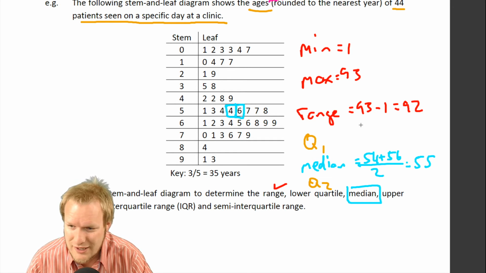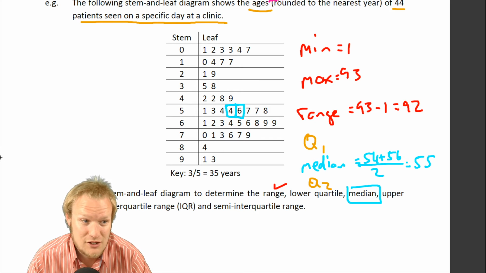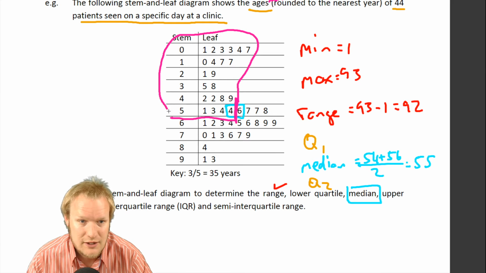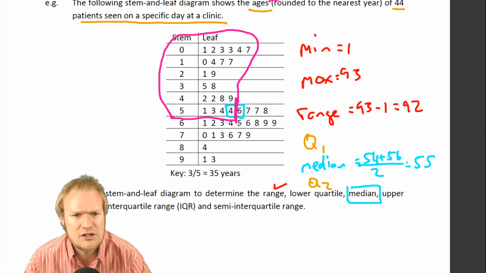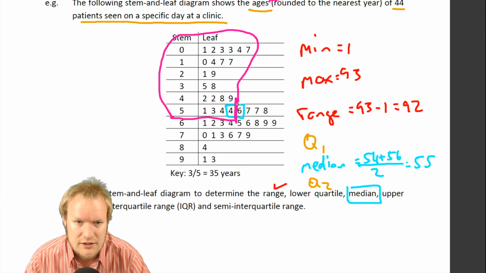One is to say, well, we've got 44, so Q1 is a quarter of the way in, so it's the 11th data point. But is it really? Or you might have said, well, we split our data into half, so here's half. So if we looked at this data set, where's the middle of it? And the other half of our data is this part.